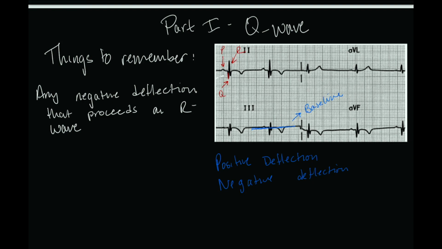Any wave that dips below the baseline is considered a negative deflection. Any wave that comes above the baseline is considered a positive deflection. So again, when we go back over to the P, Q, and R, we see that that Q wave is negative because it falls below the baseline, and that R wave is positive because it comes above that baseline.